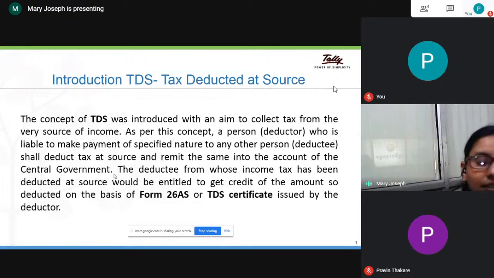We will take an example in another slide so you can understand how the deductor deducts the tax amount from the deductee's amount and issues a TDS certificate against the deducted amount.